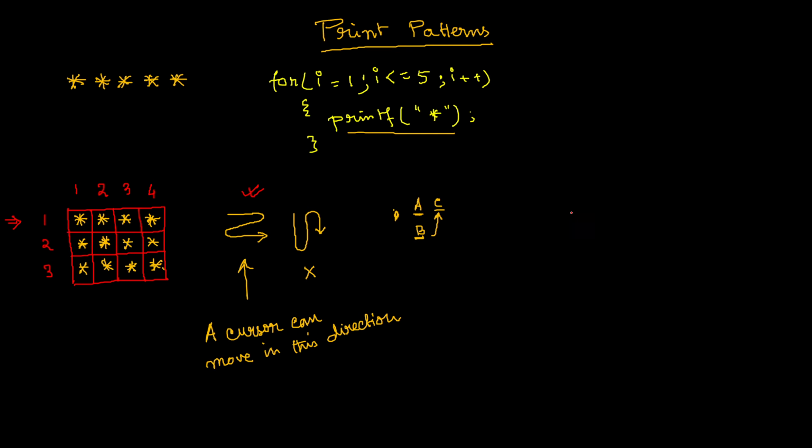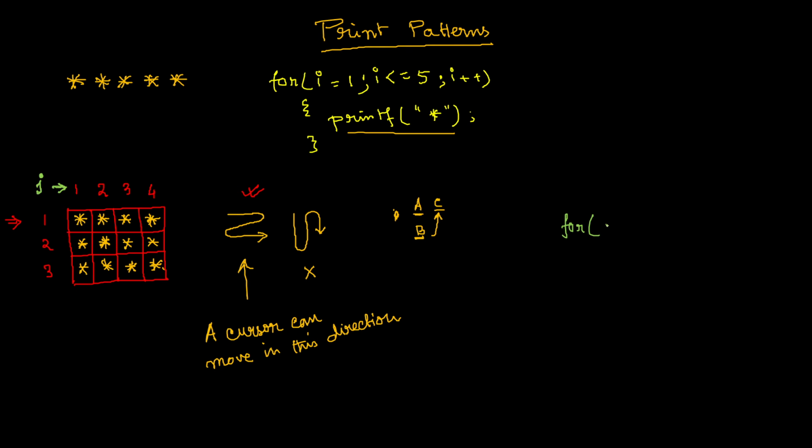So you can write a very simple for loop for this. If I consider that this particular column is identified by a variable, say j, why I am taking j, you will realize very soon. Obviously you can use other variables, but I'm using j.